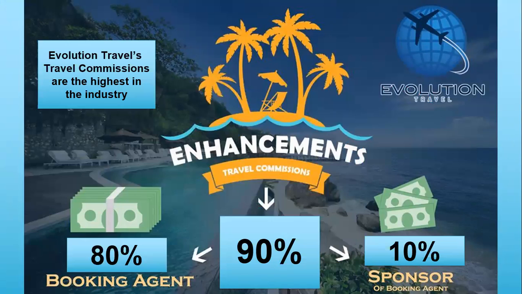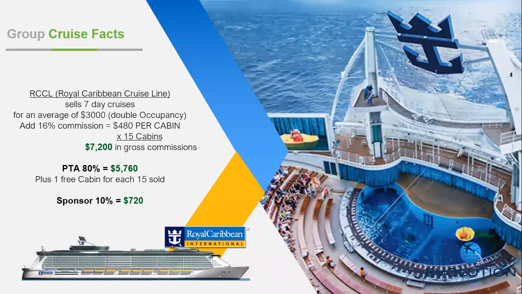So you want to make the point here about the booking. Okay, 80% goes to the booking agent, which is the person who booked the vacation, and the other 10% goes to the sponsor.